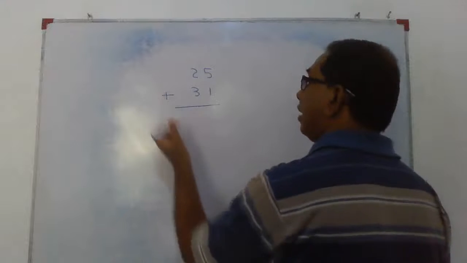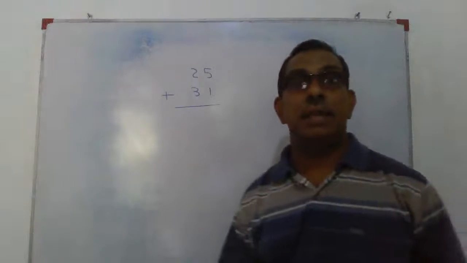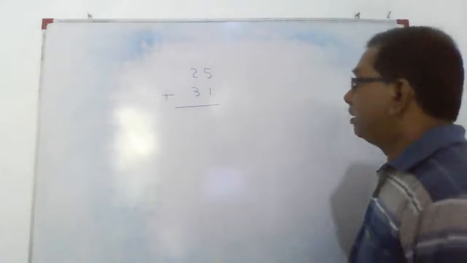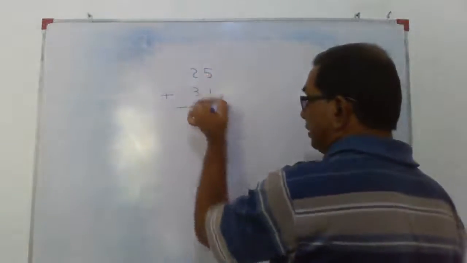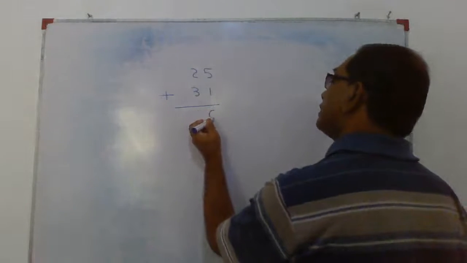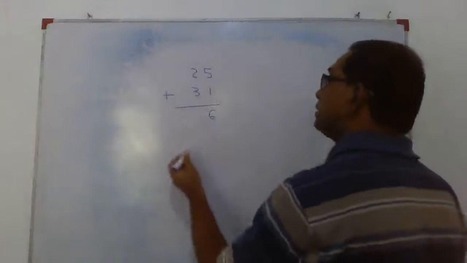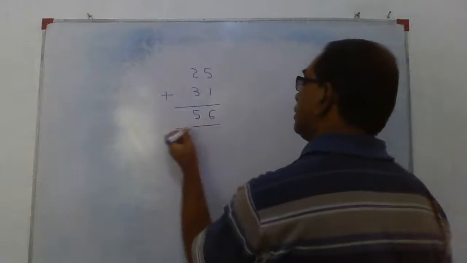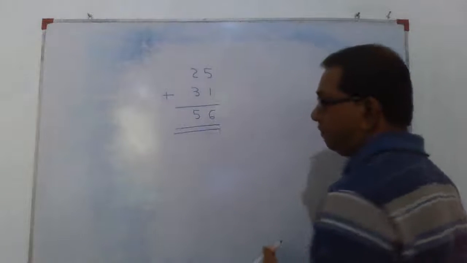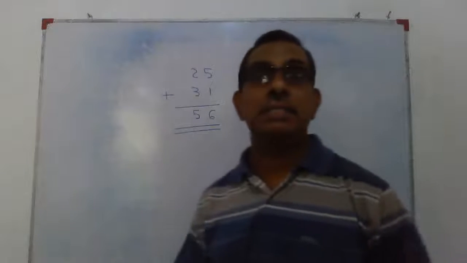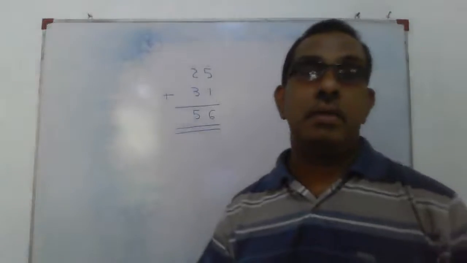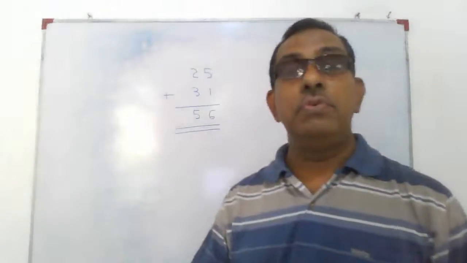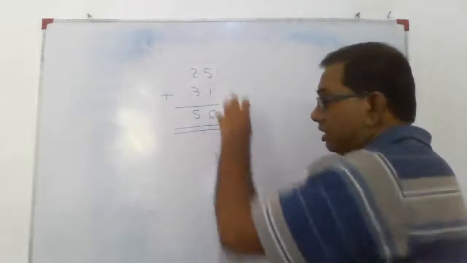We are going to add these numbers together. So what we do, we have 5 plus 1, it is 6, and 2 plus 3, it is 5. So we know the sum is 56. The total is 56. Now everybody knows how to do the simple addition here.